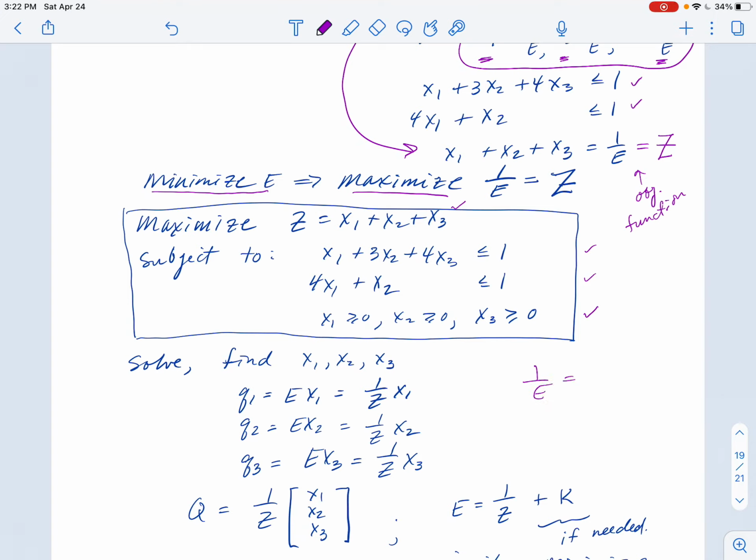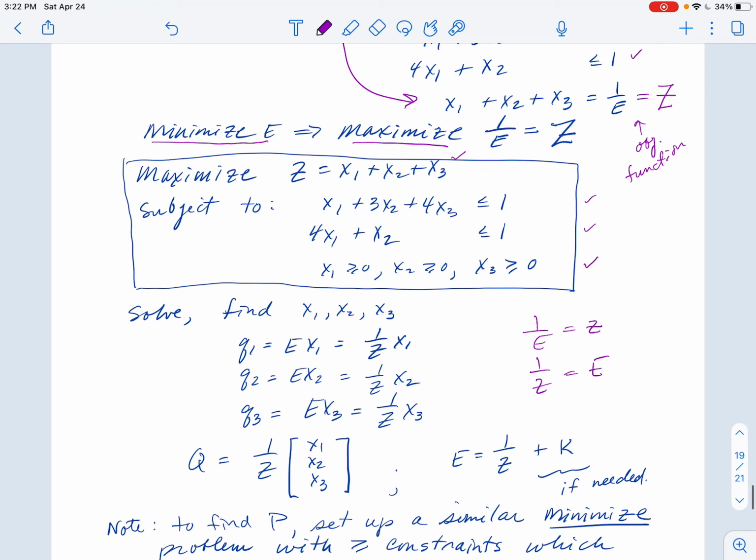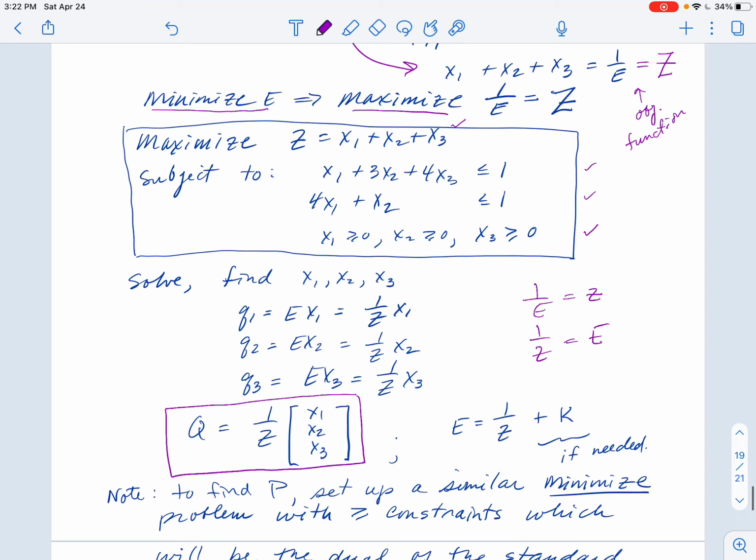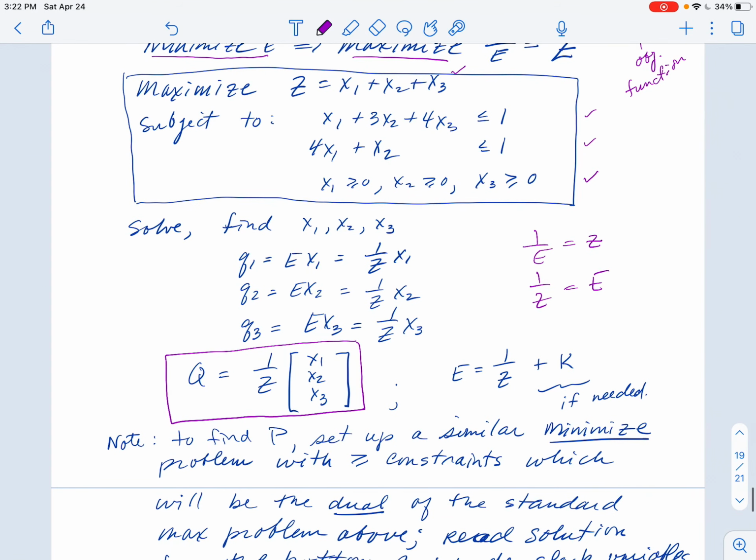If 1 over e is z, then 1 over z is e. Both of those are the same. And so our q is 1 over z multiplied by the solution to the LP problem, the column vector x1, x2, x3, just like we said in our problem.